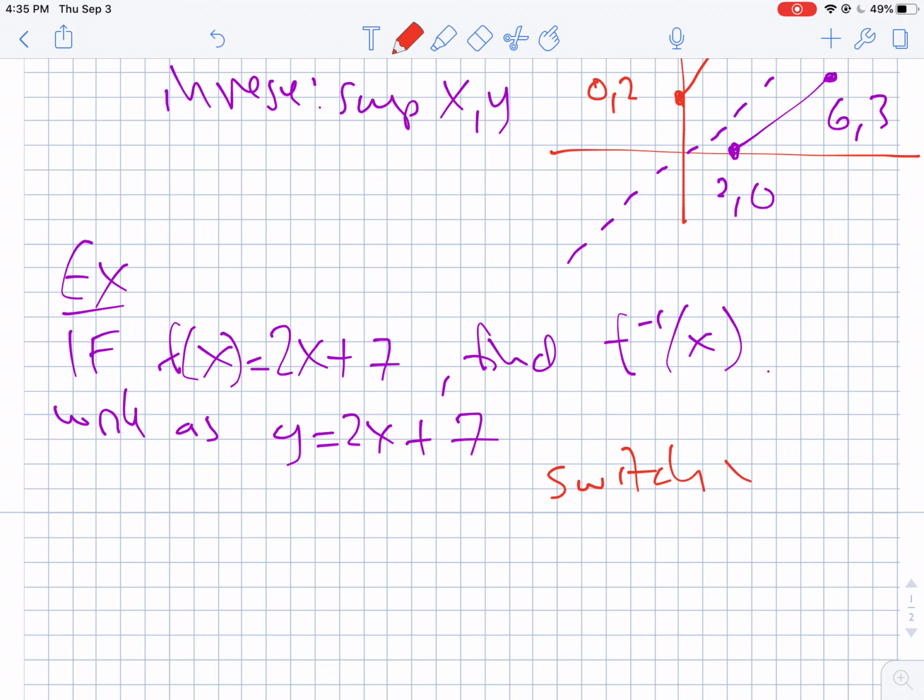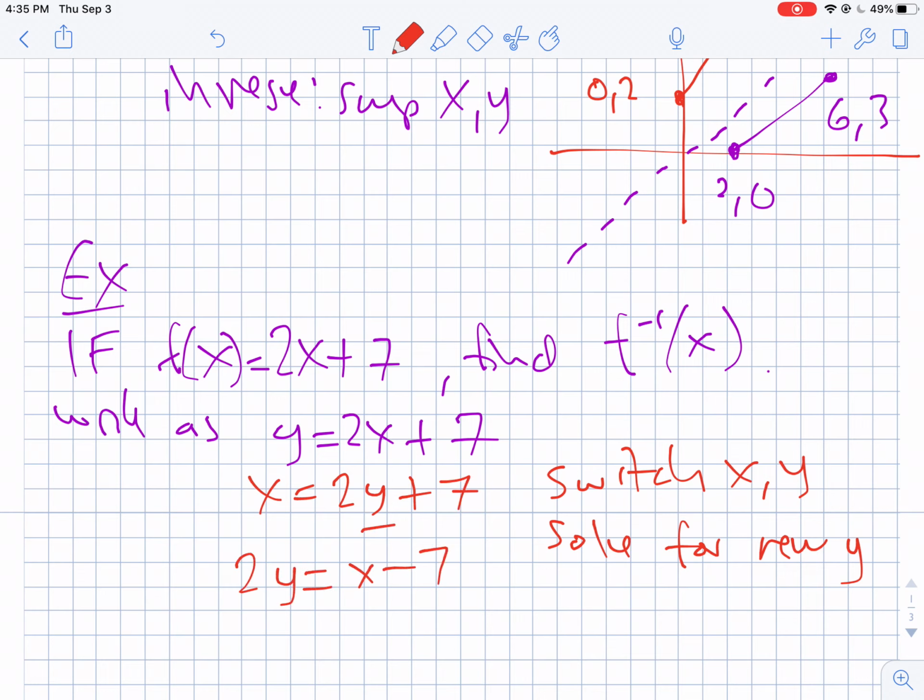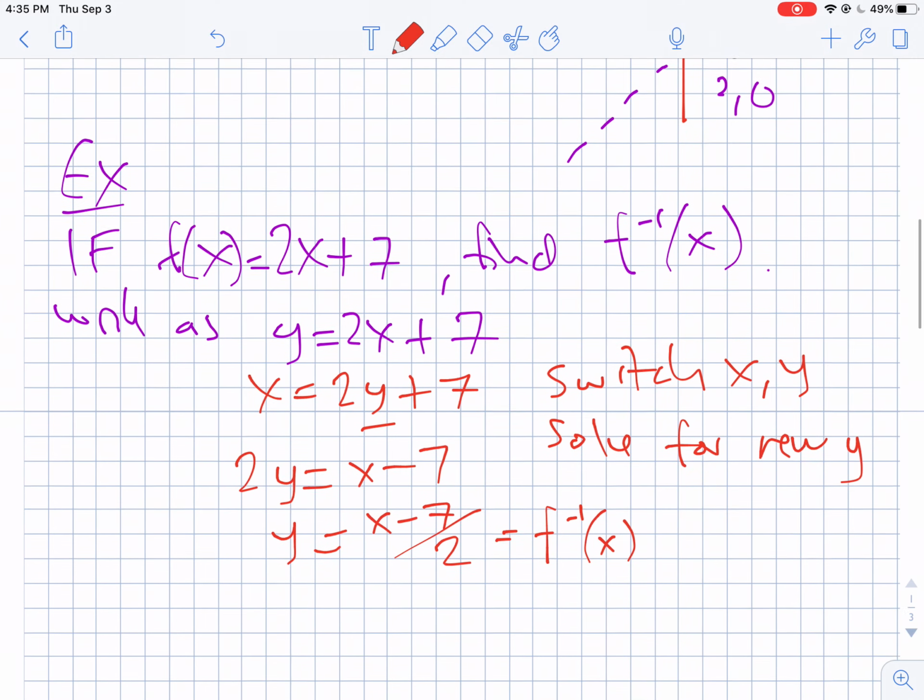So any x becomes a y and vice versa, and then you're going to solve for the new y. So you do x equals 2y plus 7, so we solve for the new y, so 2y equals x minus 7, so y equals x minus 7 divided by 2. Okay, and that would be what your inverse function looks like.